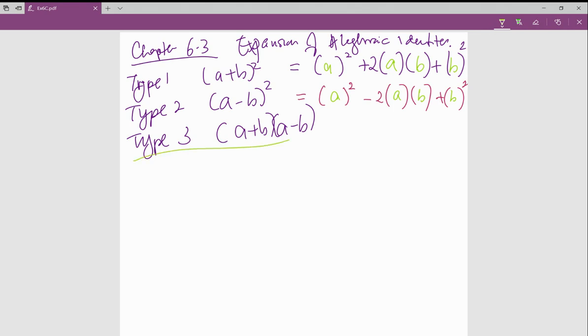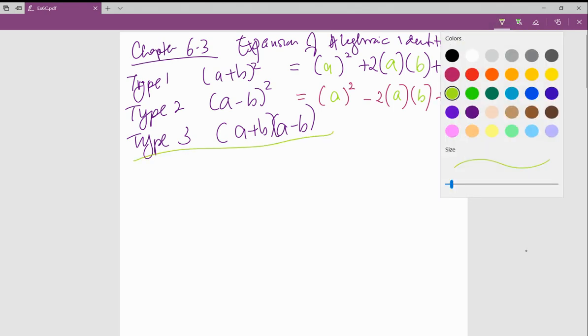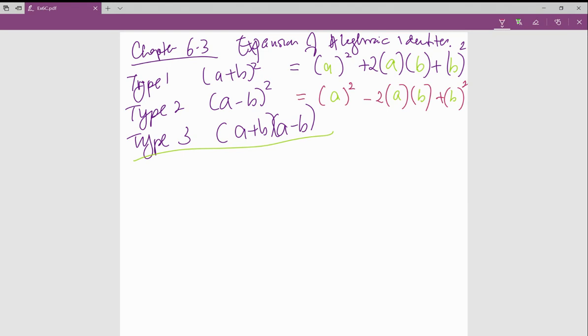Now type 3. I'm going to teach you how to do type 3. We will do the long method first and then we will teach you the shortcut. For example, (a plus b)(a minus b).